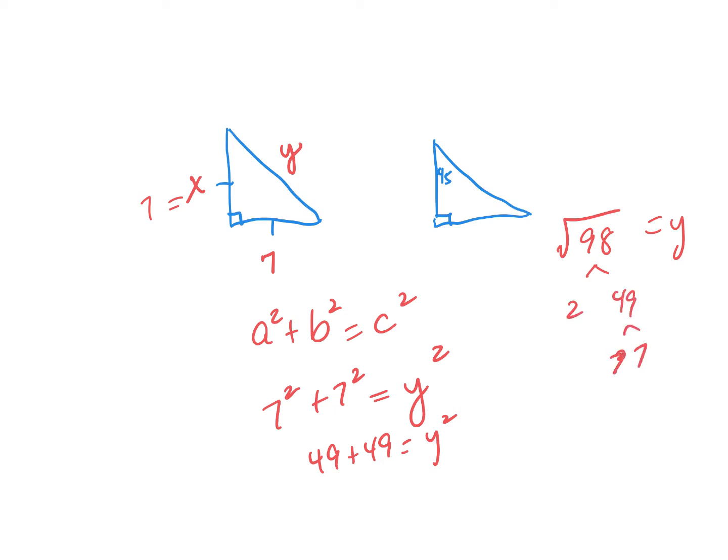Can I pull anything out of the radical? You can pull the 7 out. Yep. So the y would be 7, and the 2 did not come out of the radical, so it's 7 root 2. In a right 45, 45, 90 triangle, the ratio of the sides are 1, 1, and root 2.